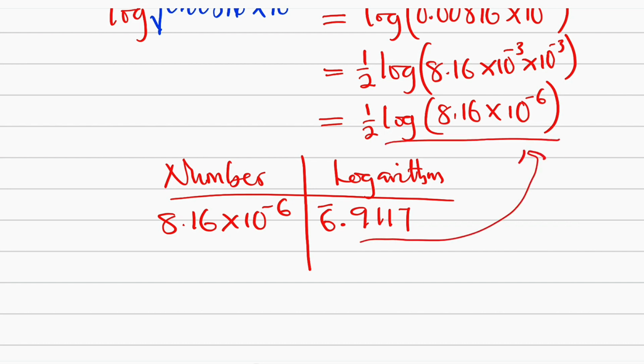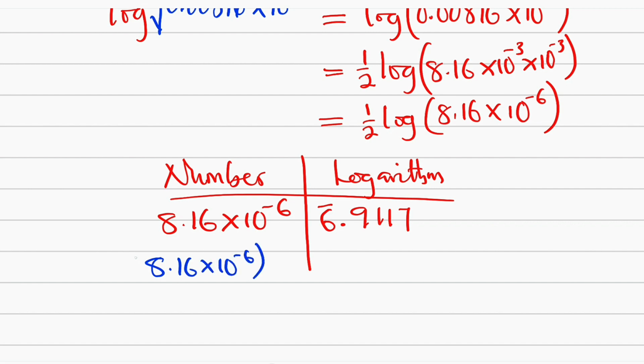You can see we have obtained the log. What is left for us is to multiply by 1 over 2, which is the same thing as dividing this log by 2. So 8.16 times 10 raised to the power of negative 6, raised to the power of 1 over 2, is the same thing as dividing bar 6.9117 by 2.